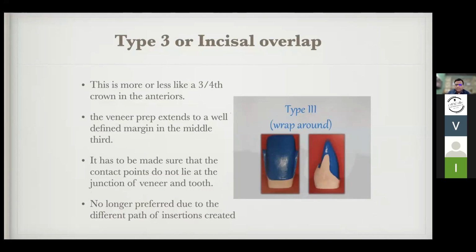Or say the patient comes in with a fractured tooth, Ellis class 2 fracture, and there is no enamel, so the fracture is oblique. The fracture extends into the palatal segment, so unfortunately you will have to go slightly palatally and grab the palatal like an overlap. That's the least preferred, but yes, that can also be done.